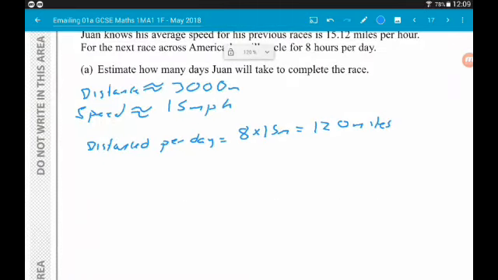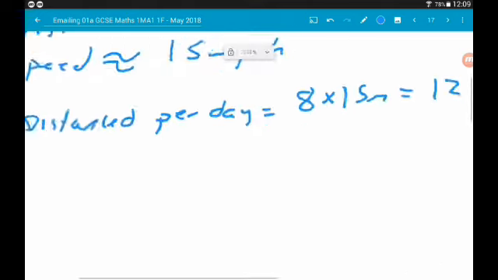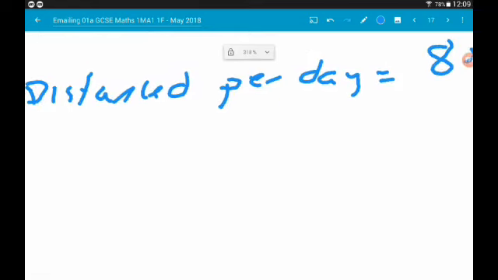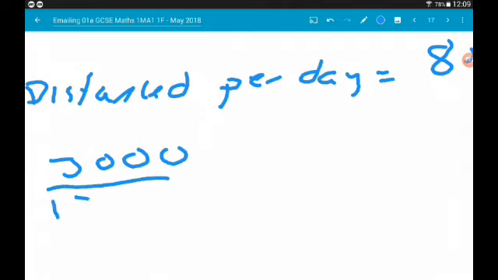So we now want to work out how many days it's going to take him to complete the race. So now we do the total distance, 3,000 miles divided by 120 miles.